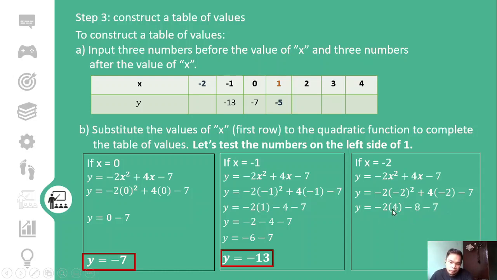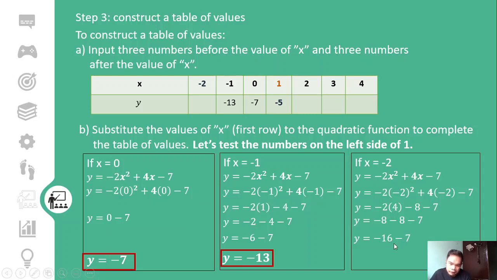-2 times -4 is equal to -8. Then copy -8 and -7. -8 and -8. So again, parehas negative. Therefore, ipag-add natin. -8 plus -8 is equal to -16. Then copy -7.